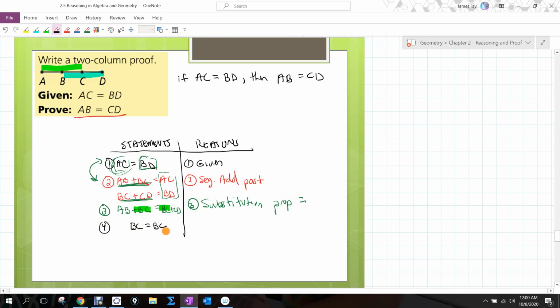Now, this is just a procedural thing that we usually do. Think about if you had like 2x plus 5 equals 10, you would put minus 5 here, minus 5 there. You tell everybody what you're about to subtract from both sides is the same. That's what I'm doing here. BC, the same thing as BC. It might be evident, pretty obvious, okay? Some authors leave 4 out. A lot of them put 4 in.